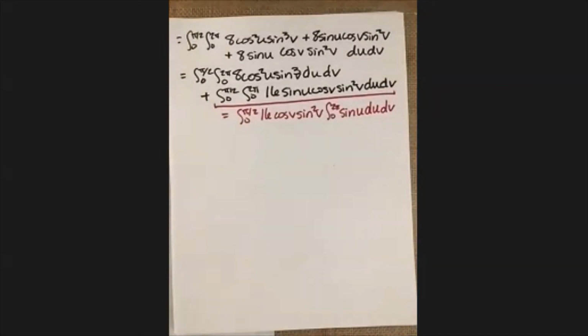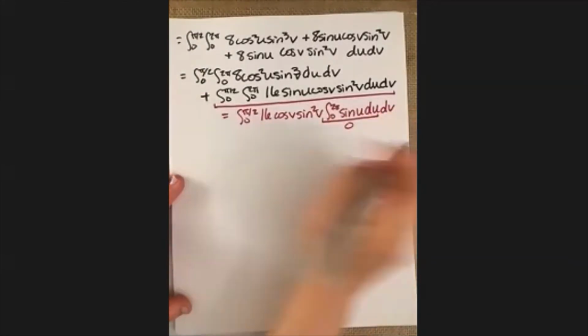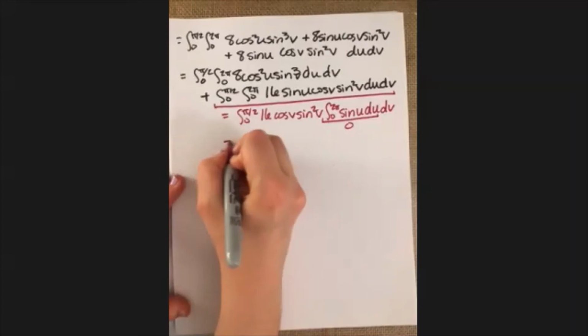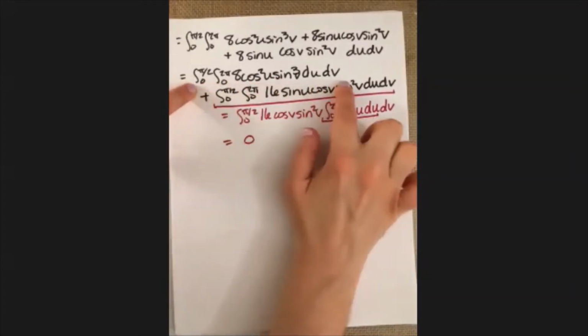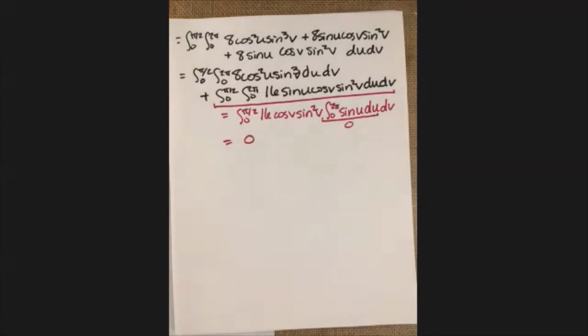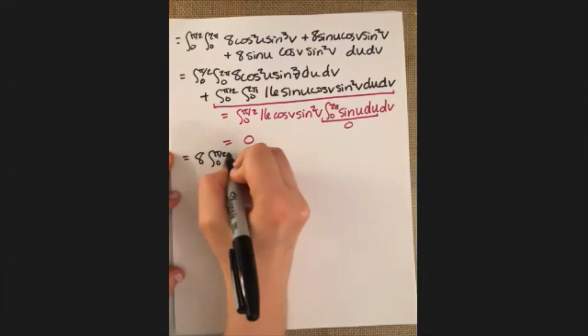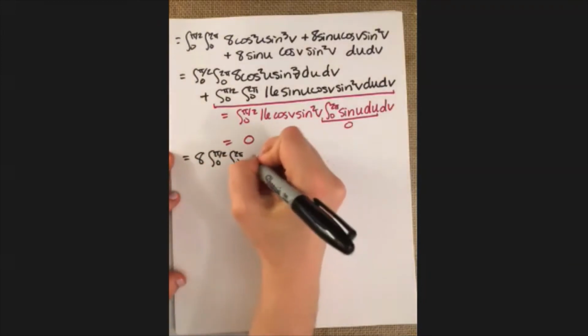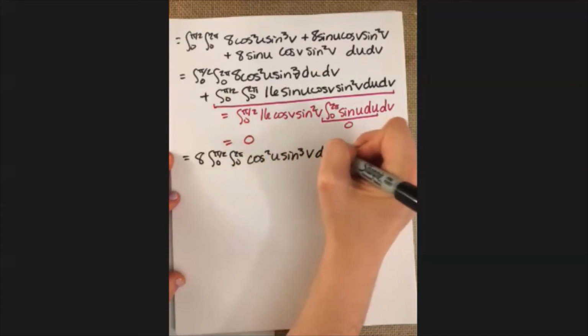Now, remember from just a second ago that this piece right here is 0. So this whole extra term is equal to 0. So really the only piece we have to deal with is this one up here. That simplifies things down quite a lot. So this is equal to 8 times the integral from 0 to pi over 2, integral from 0 to 2 pi, cosine squared u sine cubed v du dv.